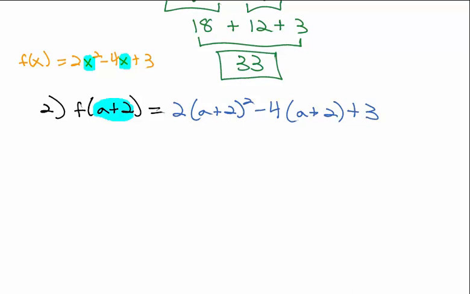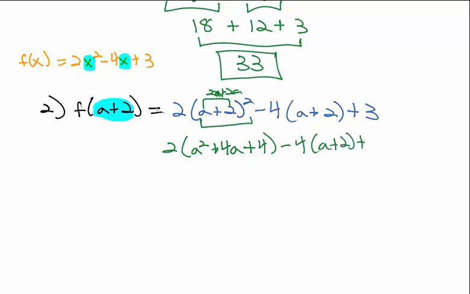Simplifying is going to be essentially identical. First we have to square the binomial. So we square the first term, and then we have the product 2a plus 2a is 4a. Plus 2 squared is 4. Minus 4 times a plus 2 plus 3. Distributing through parentheses gives us 2a squared plus 8a plus 8.